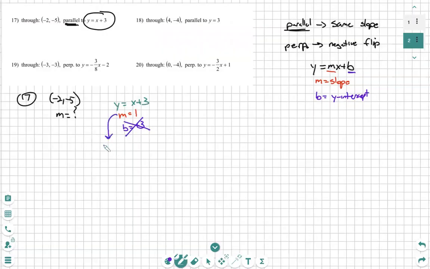So we're going to bring it down and we're going to write parallel slope, which is the m we're looking for right now. Might get confusing. We'll just keep it parallel slope. And that would be exactly the same as it is. So what's parallel to 1? Just 1. So that is my m for the equation we are solving for.